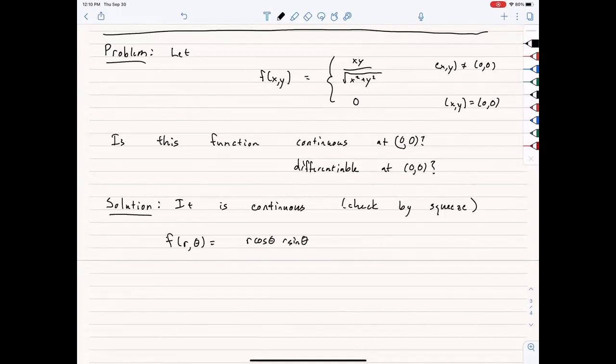And then r squared cosine squared plus r squared sine squared is r squared. The square root is r. We can factor out an r. It's going to be r cosine theta sine theta. And we see as r approaches 0, this is bounded, and so the whole thing will have to approach 0. I won't write the formal argument, but that's the case.